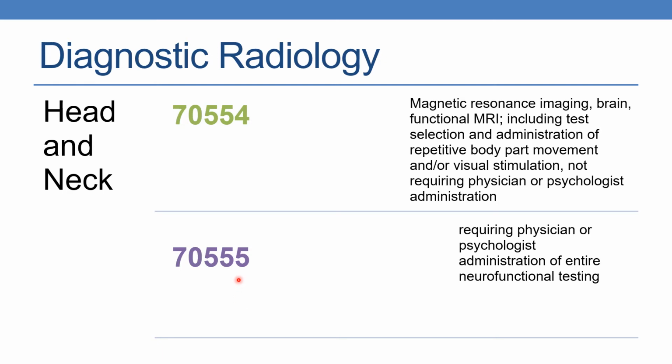The next is 70555. This is also MRI brain, functional MRI, including test selection and administration of repetitive body part movements and or visual stimulation, requiring physician or psychologist administration of entire neurofunctional testing.